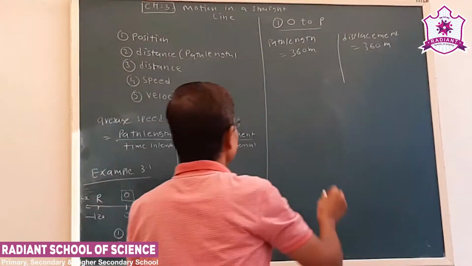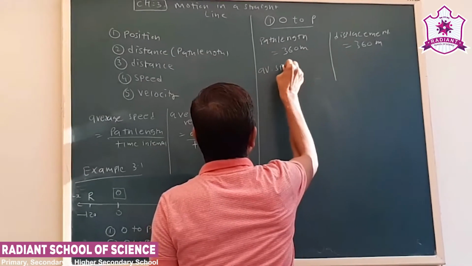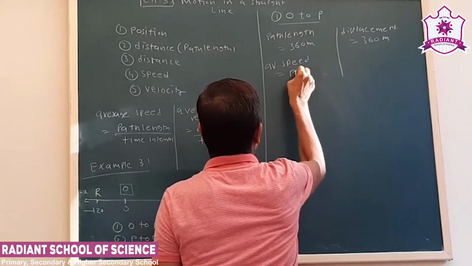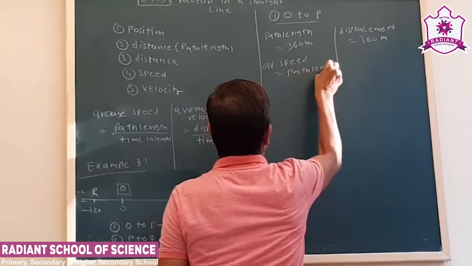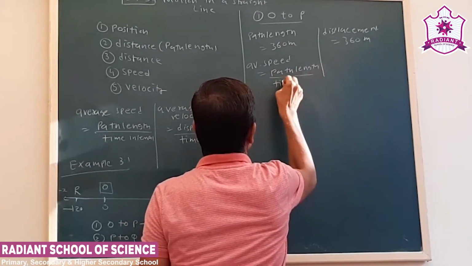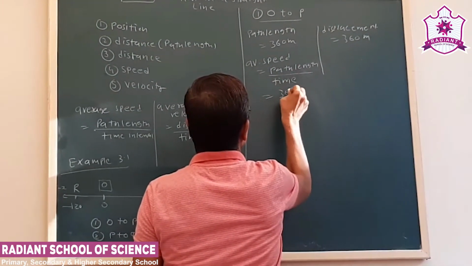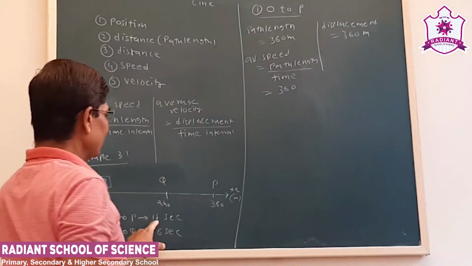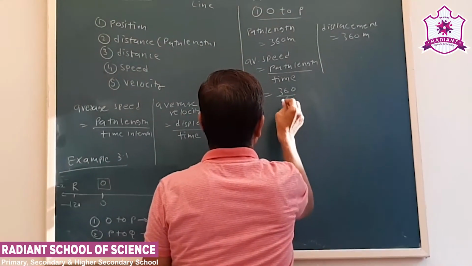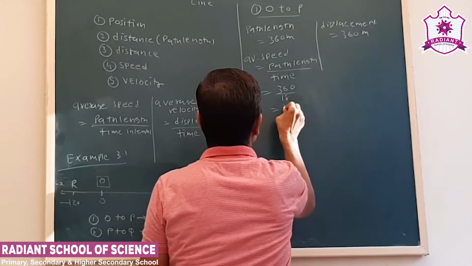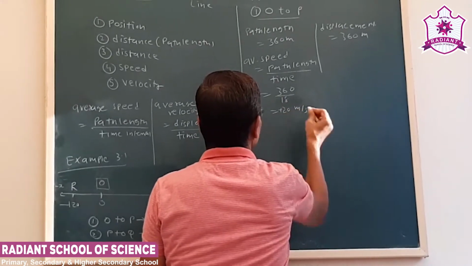Now average speed is path length upon time, 360. O2P time given is 18 seconds. So that will give us plus 20 meter per second.